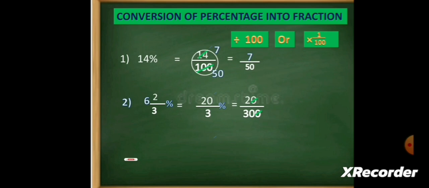So we will divide it by 2 and we will get it as 1 and 15. Can we divide this 1 and 15 further? No. So our answer is 1 upon 15.